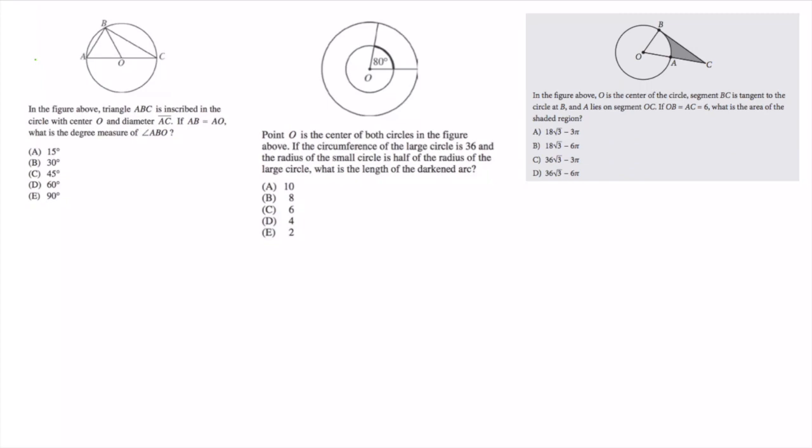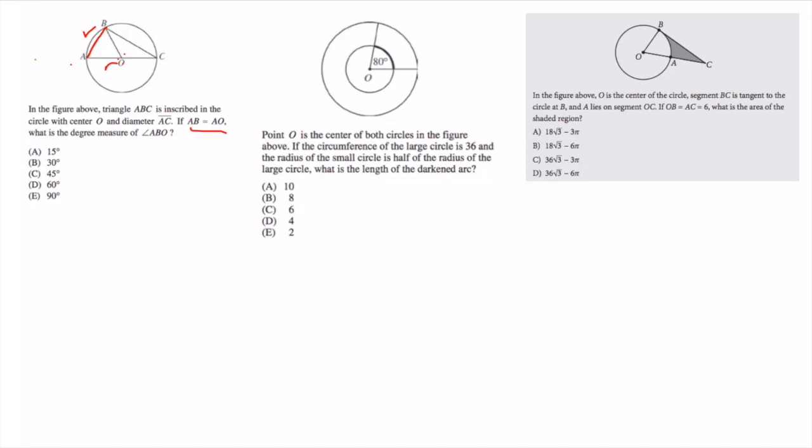So again, they're giving us some info that we don't necessarily need. I know that O is the center of the circle. A is a point on the edge, so AO is the radius. They tell me that AB equals AO, so this length is also a radius.